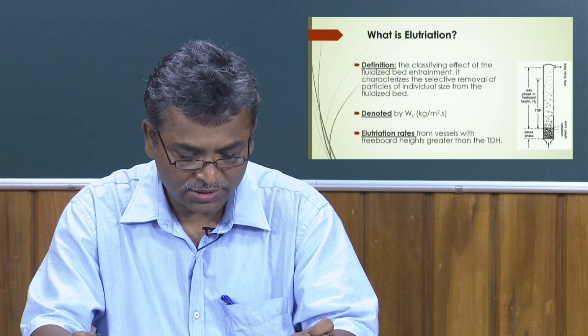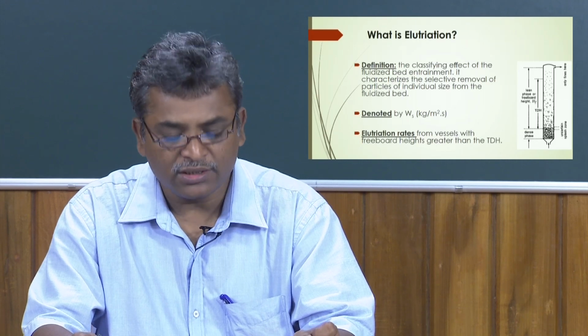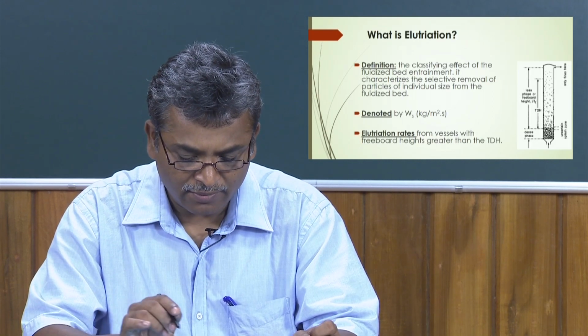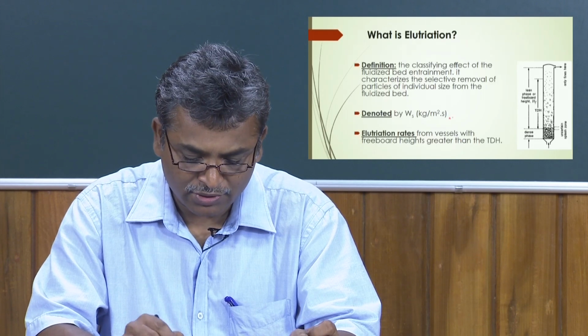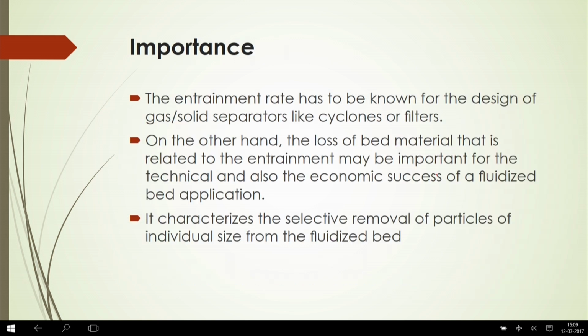So, this is the definition, and the elutriation rate is generally denoted by the notation Ws, which is the unit for solid flux, that is, kg per meter square second. This elutriation rate is for a vessel whose freeboard height is greater than the TDH, which should be remembered.